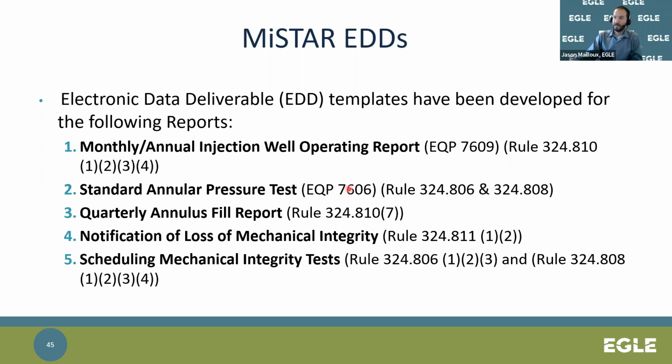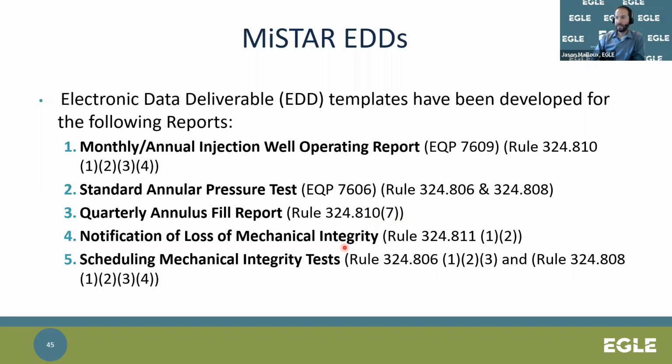Same with the standard annular pressure test. This EQP 7606 will be replaced by the MiSTAR EDD for standard annular pressure test, for new wells and existing wells. We didn't previously receive quarterly annulus fill reports, but we will have those coming in through MiSTAR on a template-based EDD, under rule 80107.